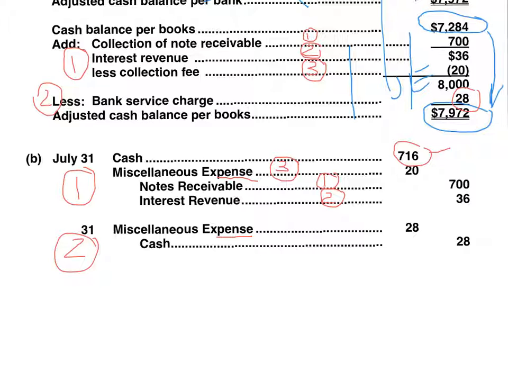And you're done. So by doing these two journal entries, you will go from $7,284 on your books to $7,172 on your books, and that is the correct adjusted balance that will appear on your balance sheet as your true cash balance.